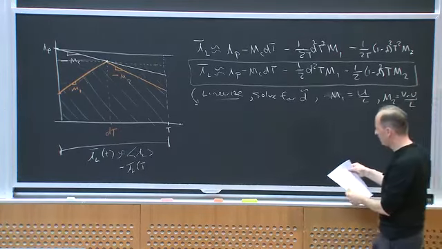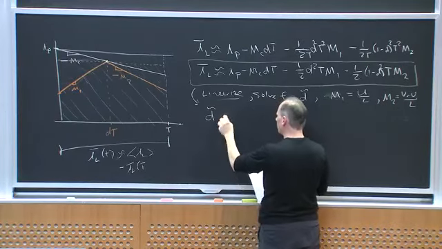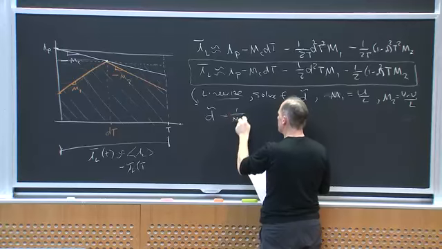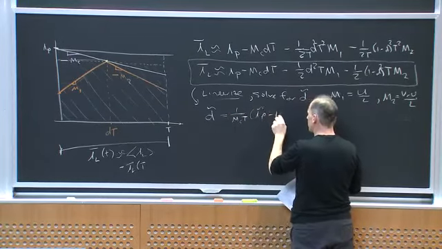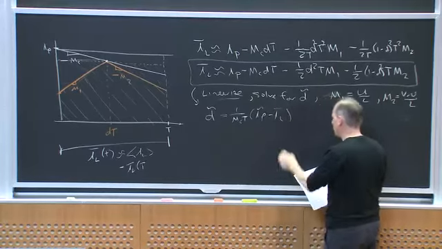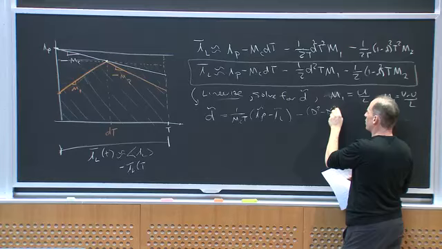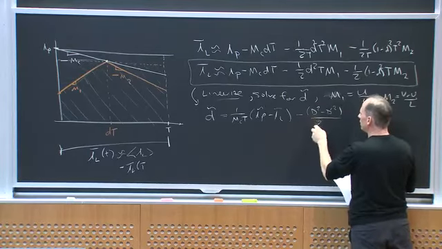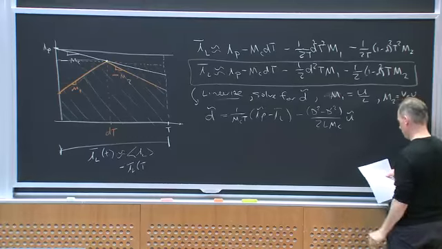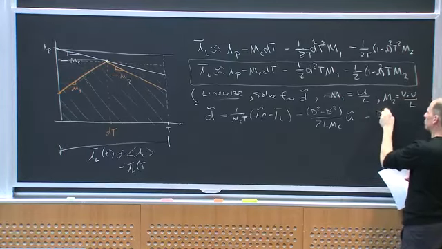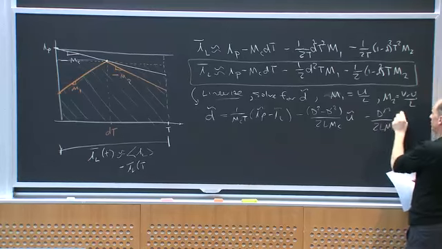If I make that substitution, what I get for my boost converter is d tilde equals 1 over MCT times (I peak tilde minus IL tilde minus (d squared minus d prime squared) over 2LMC u tilde minus d prime squared over 2LMC v tilde).